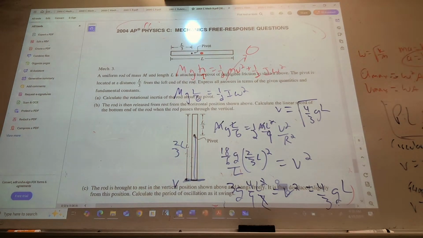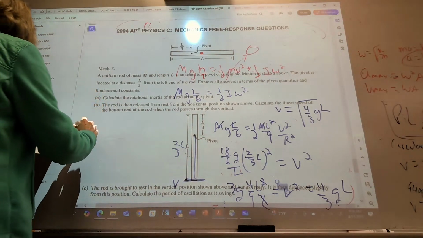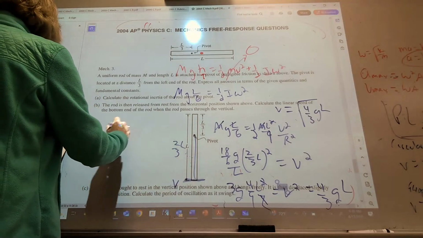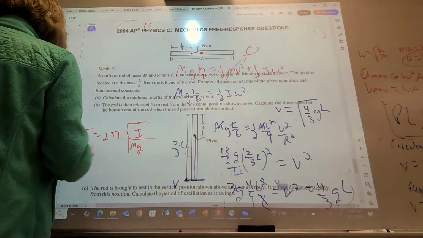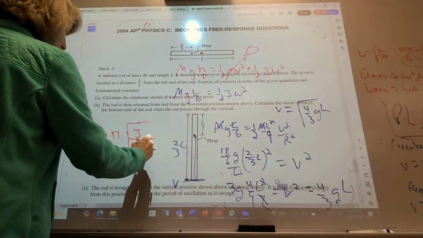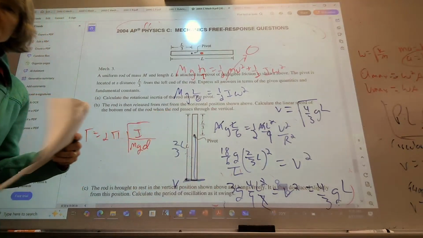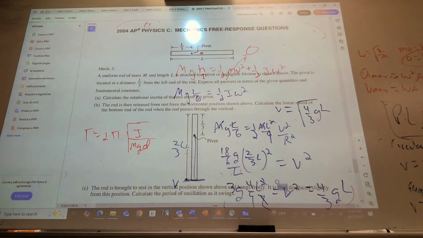So what was it? 2 pi square root I over mg, whatever your change is, L or D or H, whatever that changes in height.